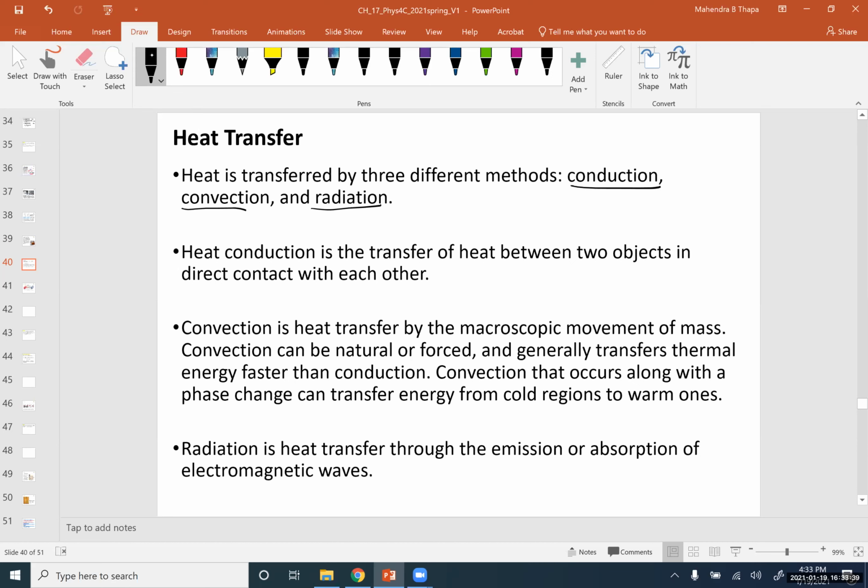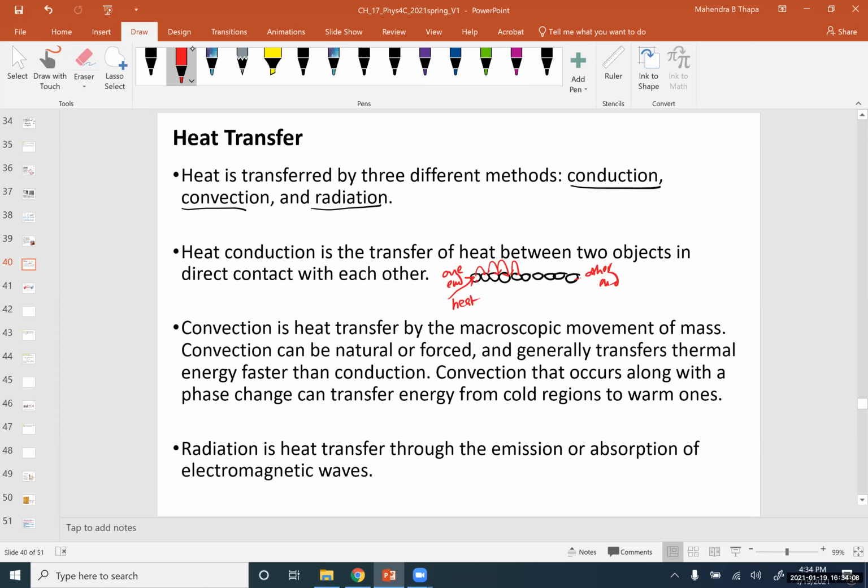So for example, say this is an atom, and this is another atom like this. If you give heat to this side, this heat is transferred to the second one, then to the third one. Keep going like this, and finally the heat transfers from one end to the other end.